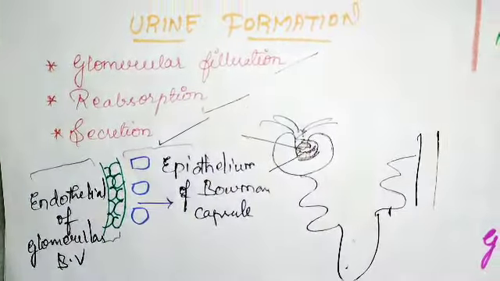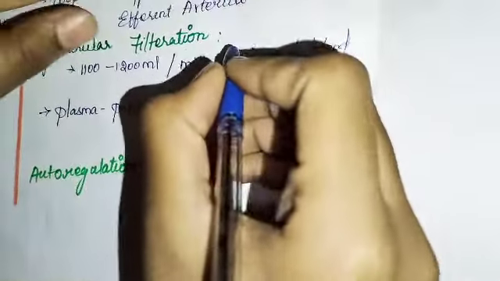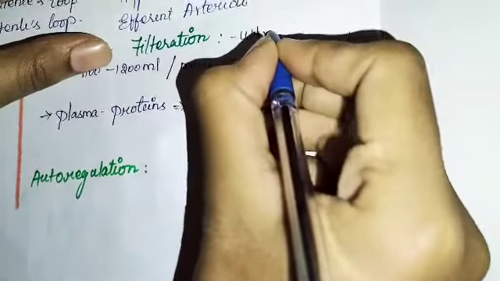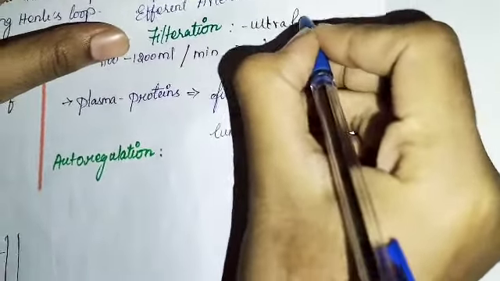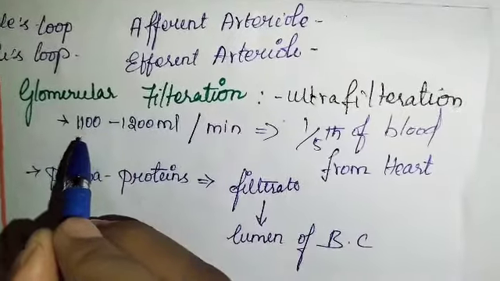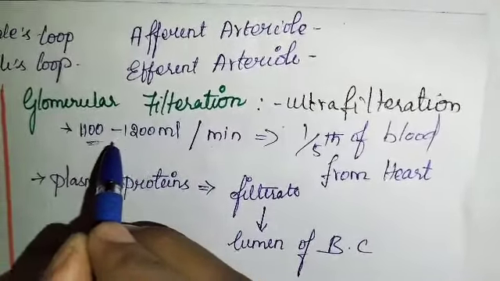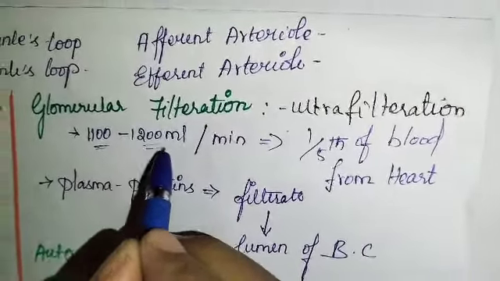This glomerular filtration is also known as ultrafiltration. Why ultrafiltration? The blood which comes to our kidney is about 1100 to 1200 milliliter per minute.